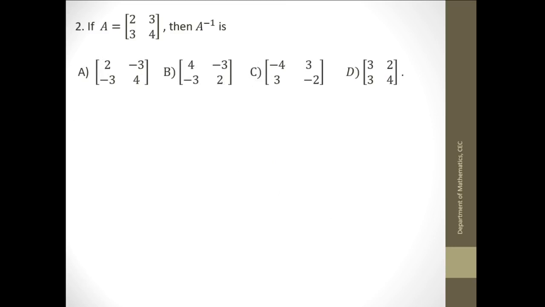One more example. If A is 2, 3, 3, 4, determinant of A is 4 into 2, 8, minus 3 into 3, 9. 8 minus 9 is minus 1. Therefore, multiply the adjoint by minus 1. So it becomes minus 4, 3, 3, minus 2. Answer is C.